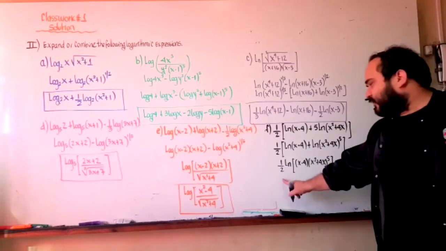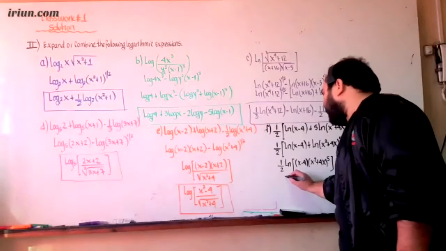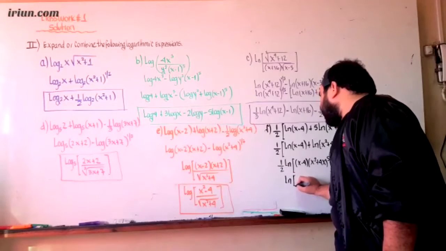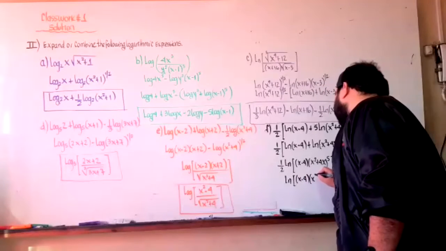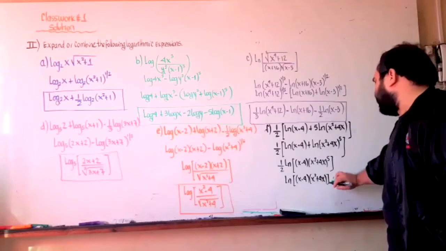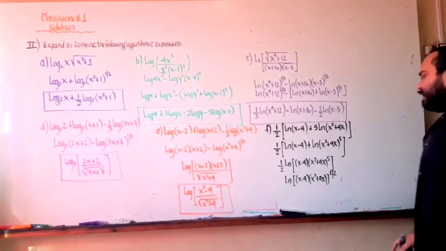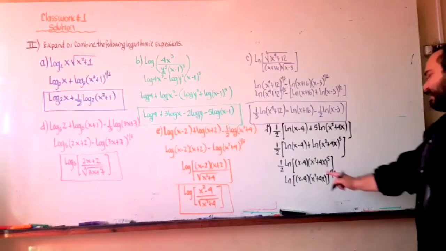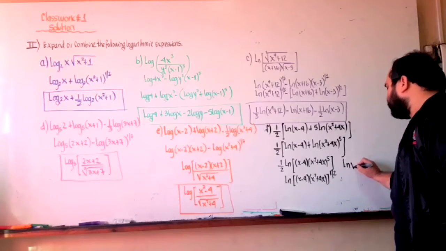So this 1/2, this multiplying, passes to be the power. The power of what? Natural logarithm of x minus 4 parentheses x squared plus 4x close brackets elevated to the 1/2. What does that mean? That means this entire expression will be elevated to the one singular square root.